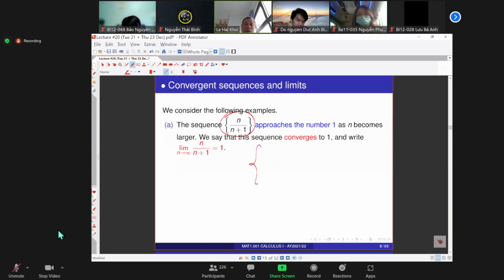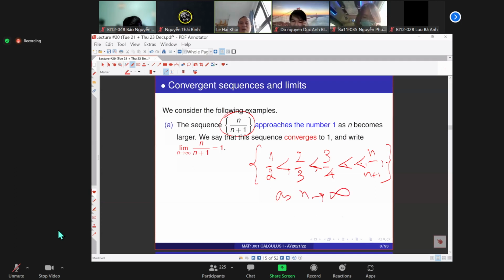You see, 1/2, 2/3, 3/4, etc. n/(n+1). This sequence, and you know, this sequence is increasing. And as n tends to infinity, you have this tends to 1.